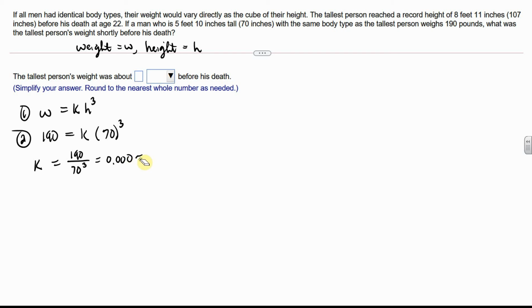I'm just going to write it all out. So, step number 3, this becomes W equals 0.000554 times H to the third power.